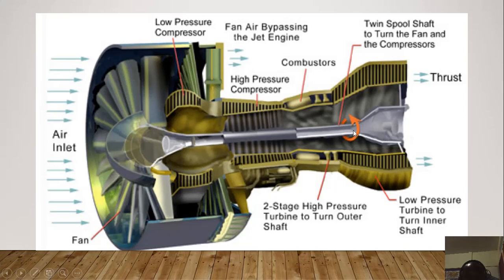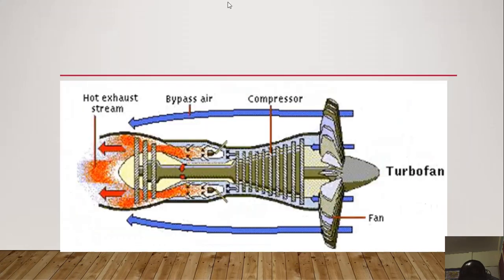This is the shaft that turns the fan and the compressor. So this one turns the outer shaft, then the low pressure turns the inner shaft. Then we have the fan air bypassing the jet engine. That's the bypass.